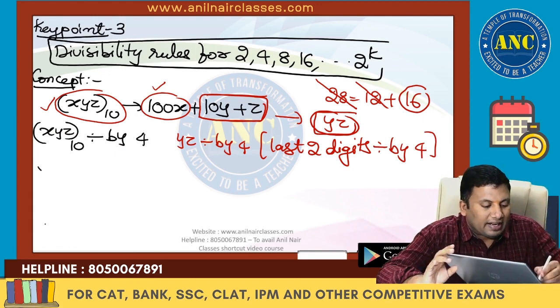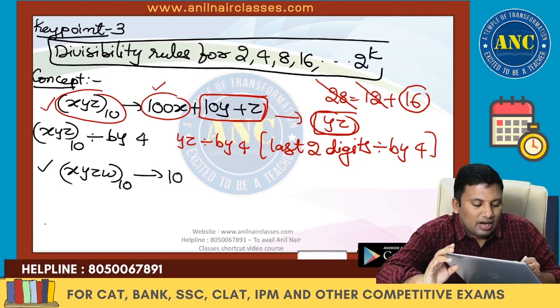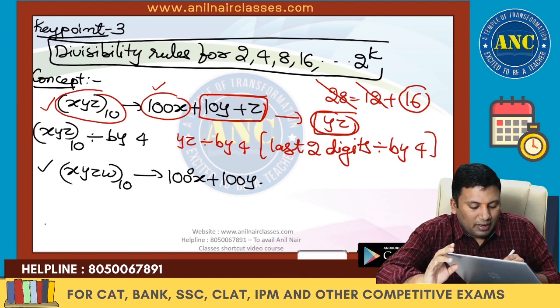Suppose I take xyzw in base system 10 and expand it by units, tens, hundreds, thousands: 1000x plus 100y plus 10z plus w.